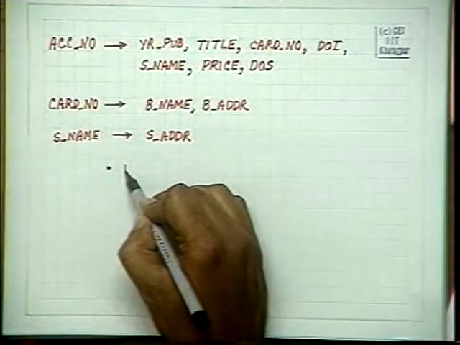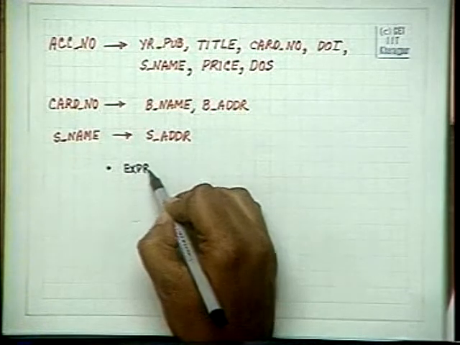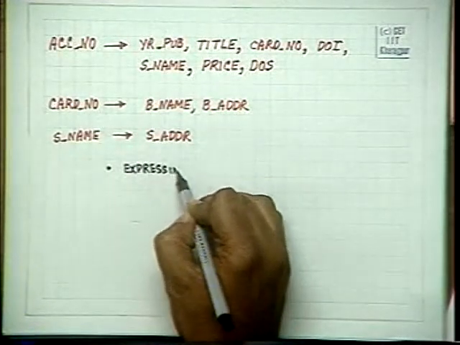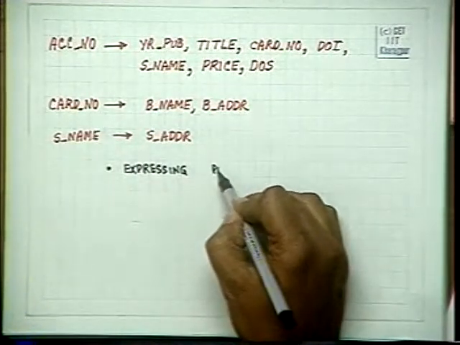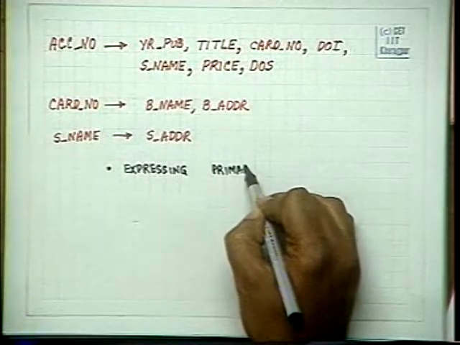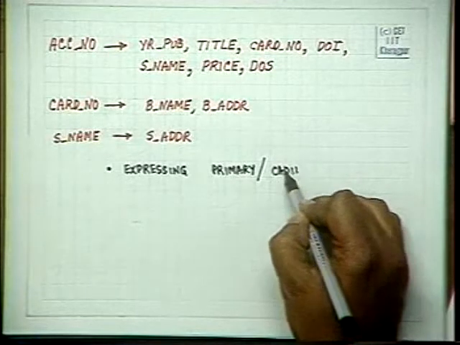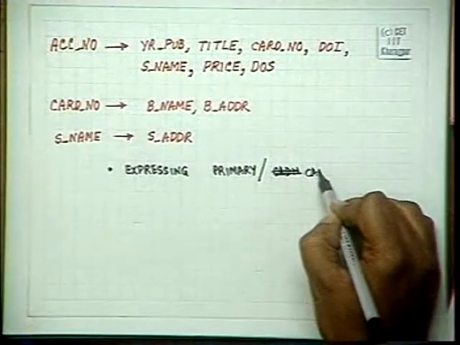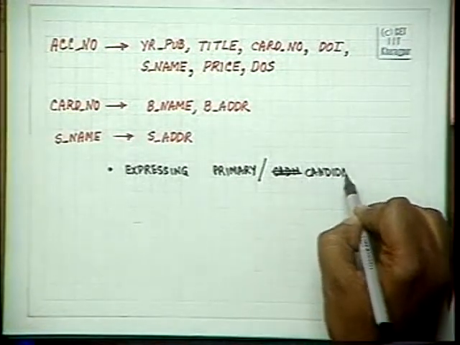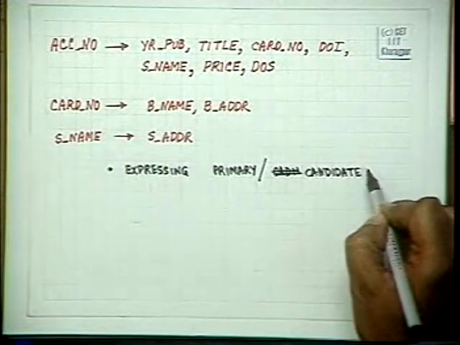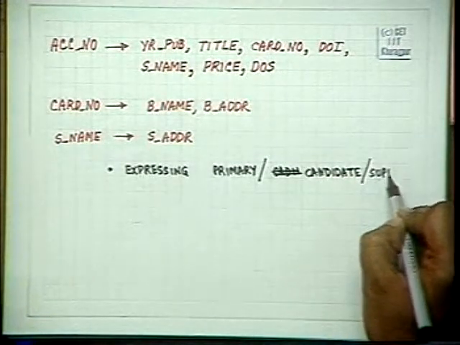So, functional dependencies were useful in expressing primary or candidate keys, or super keys.